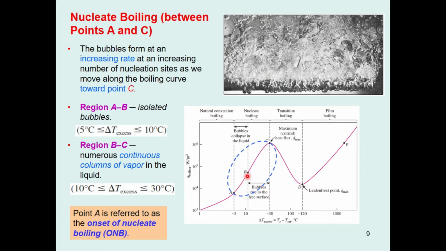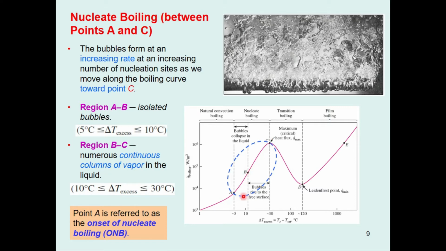So from A to B the delta T excess is increasing, from 5 to 10, and the boiling heat flux is also increasing, right? From point A the boiling heat flux is somewhere here, and at point B the boiling heat flux has increased.